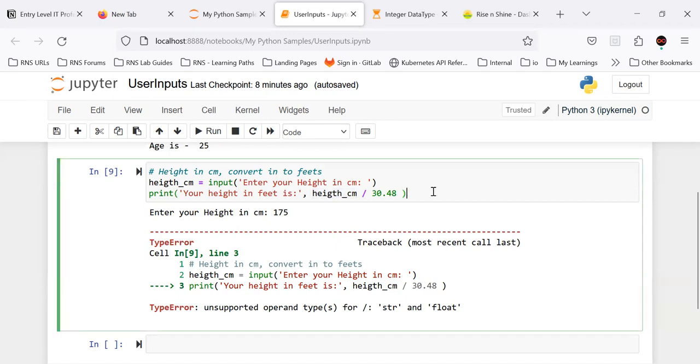Yes, good. So the problem is that the input function returns a string, but a string I cannot use in the operation. I need to convert the string into a float, then the float value I can use within this arithmetic operation. Are you clear about this point?